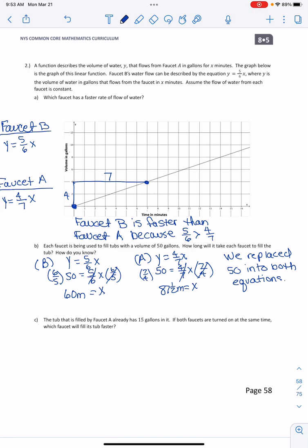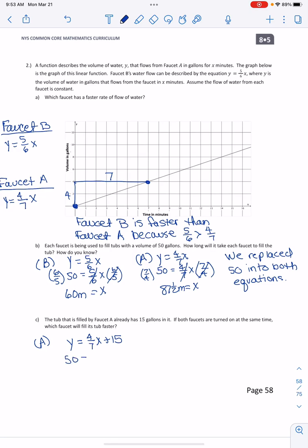It says the tub that is filled by faucet A already has 15 gallons in it. If both faucets are turned on at the same time, which faucet fills the tub faster? Well, what that means is this. For faucet A then, it already has 15 in it, so it's y equals 4/7x plus 15. So now we put 50 in there, and we solve again.